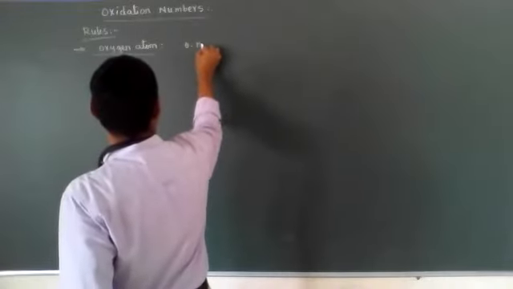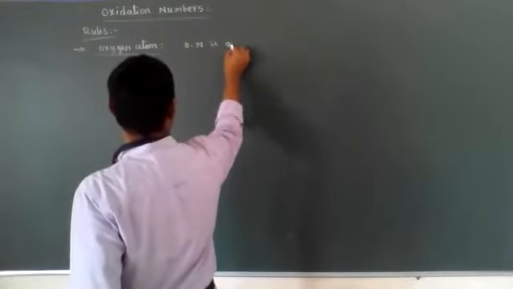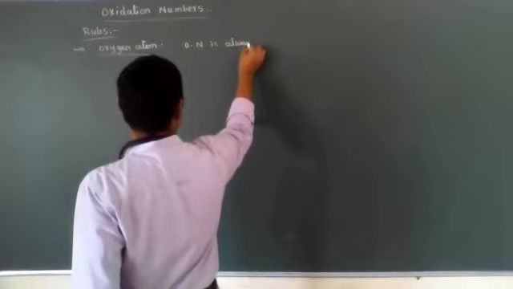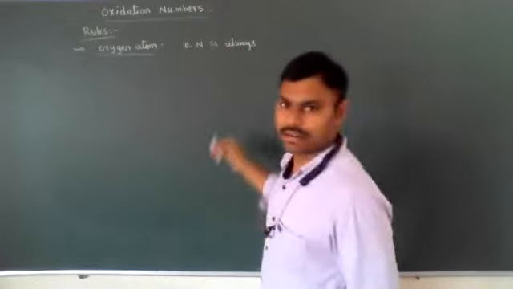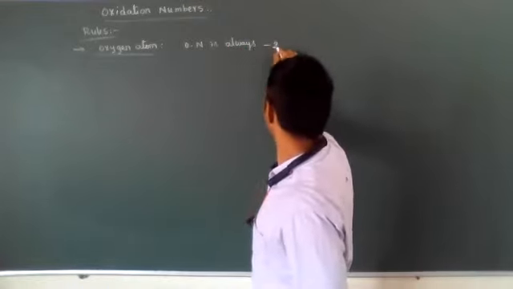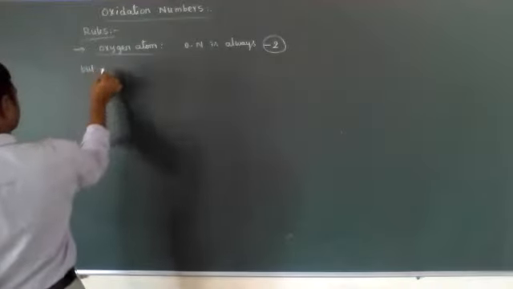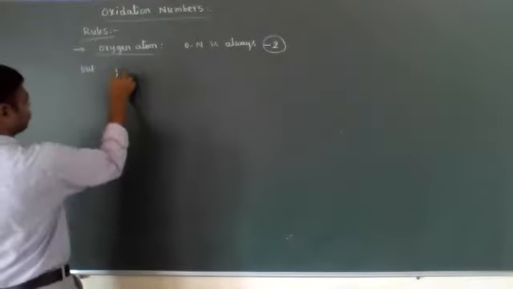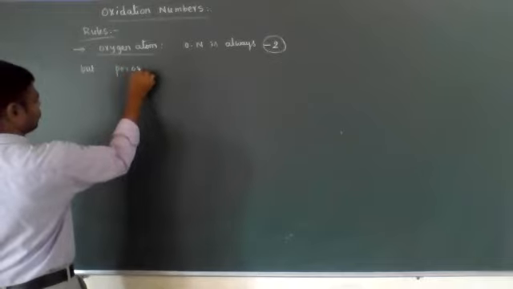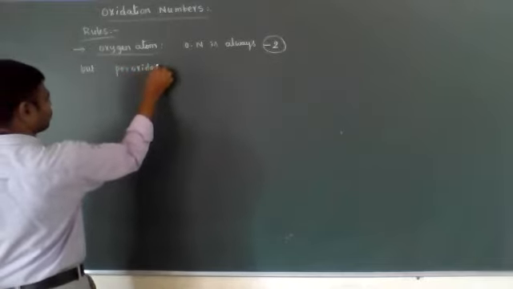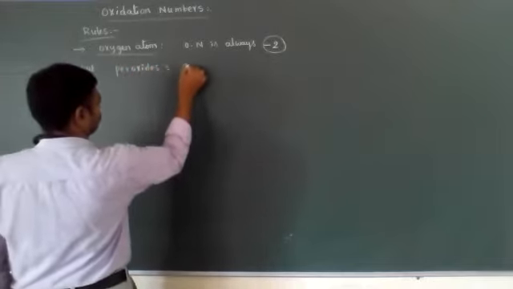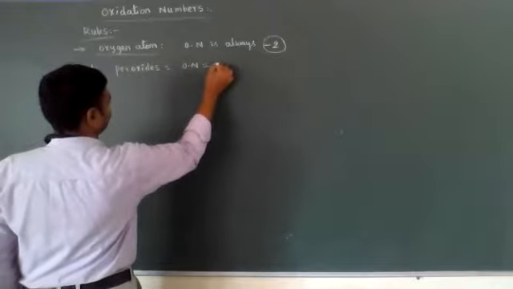For oxygen atom, oxidation number is always -2. But in peroxides, oxidation number is equal to -1.